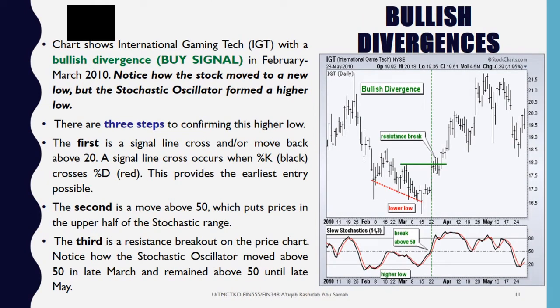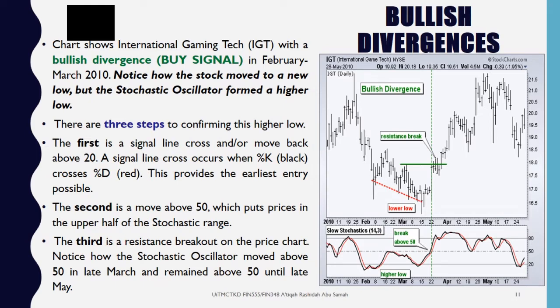You may also see the bullish divergence that occurred in February to March 2010. Notice how the stock moved to a new low, but the stochastic formed a higher low.